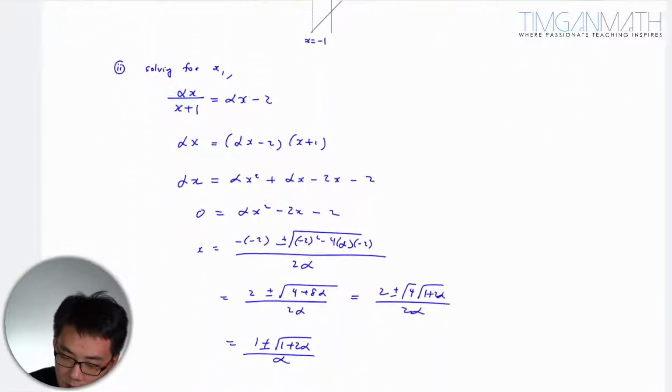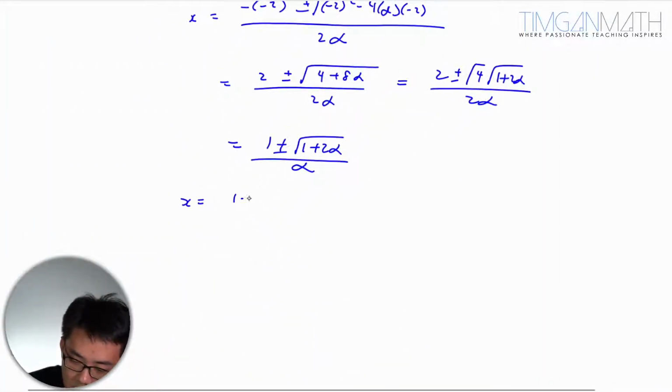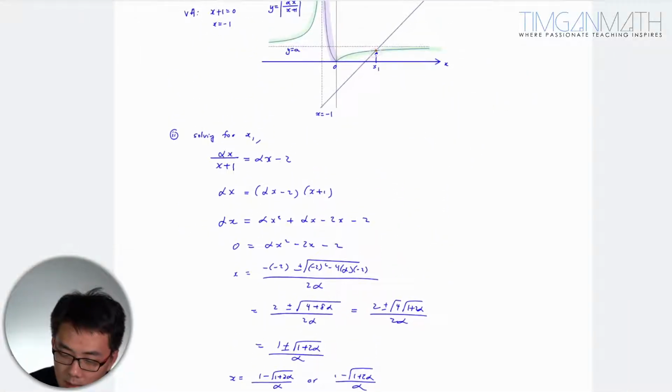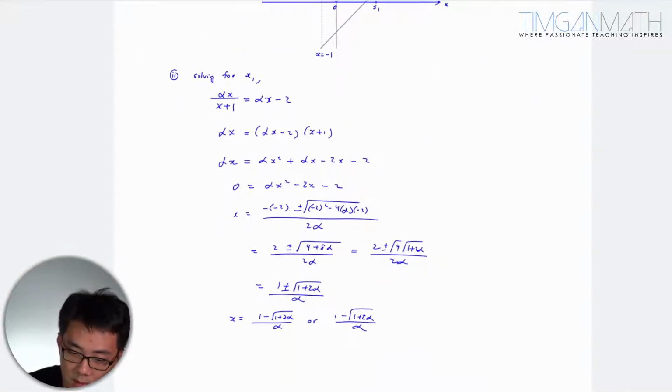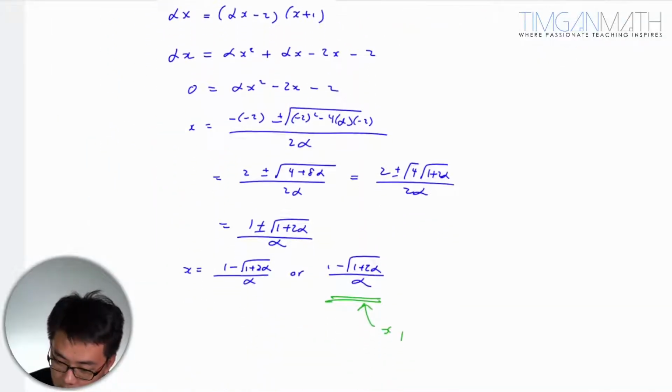So this x1 here, x equals to 1 minus or plus the square root of 1 plus 2 alpha, over alpha. You take x1 as this one. This should be your x1.